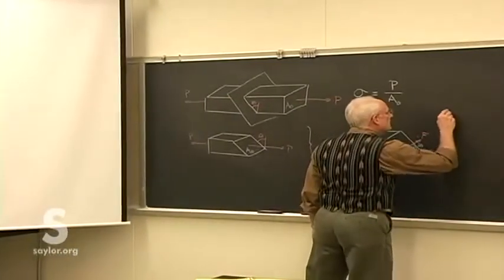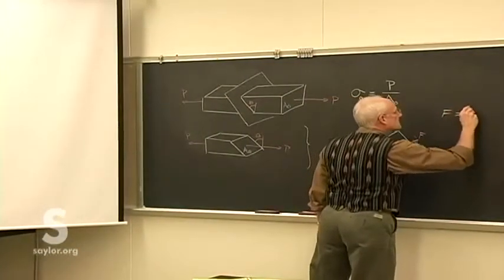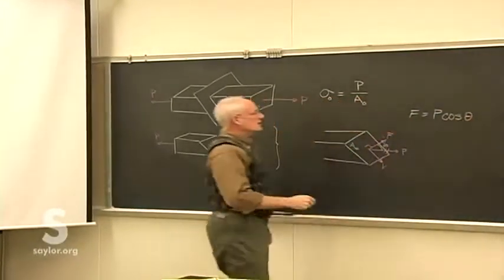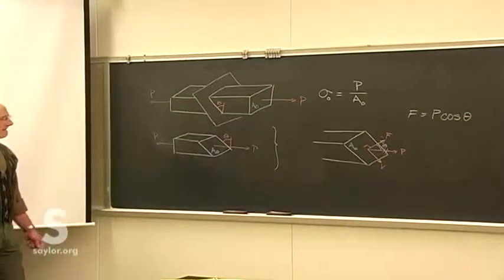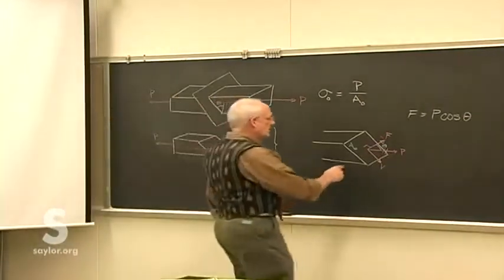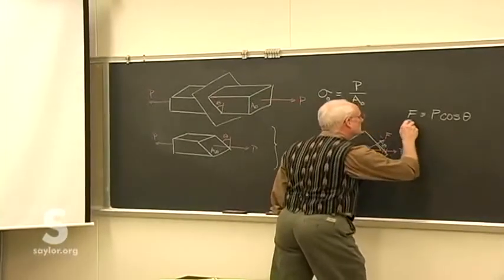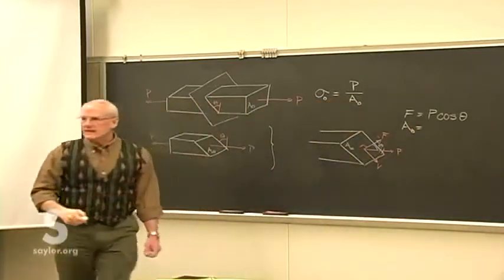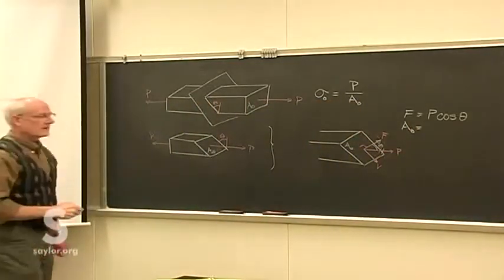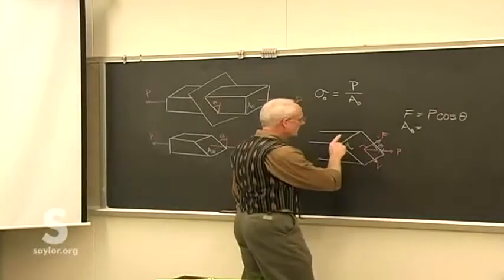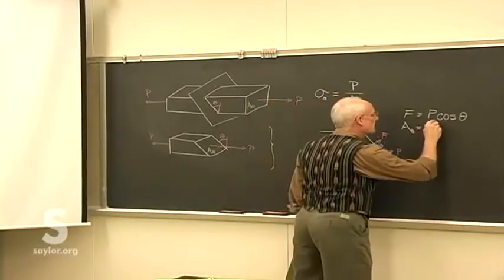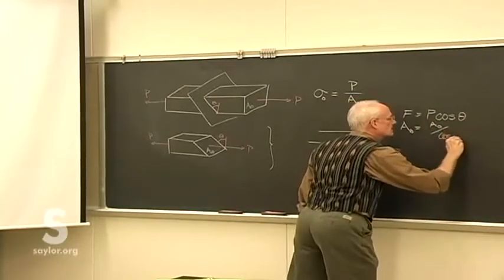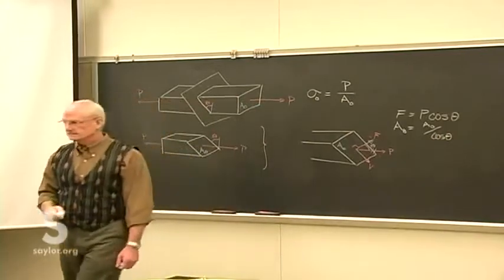So we know that this force F is P cosine theta, and it's acting on an area A theta, where A theta, the inclined area, exposed, remember imaginarily exposed by that area, is the original area A0 divided by cosine theta.